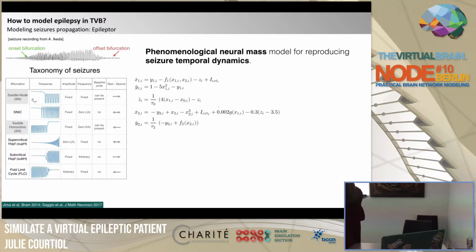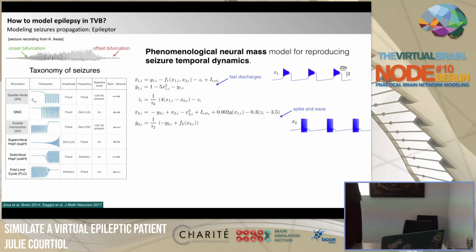The first populations reproduce the seizure activity, so this low voltage fast discharges. But we have a second generic pattern in epilepsy. It is spike wave events or interictal spikes that we have seen in the first slides. And it is this second population that allows to reproduce these spike and wave events.